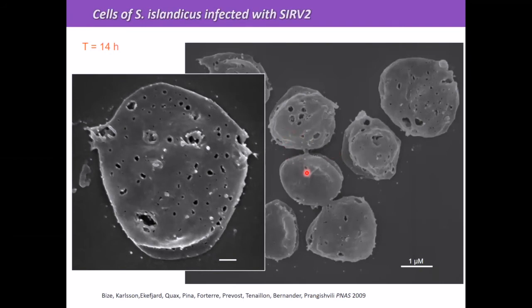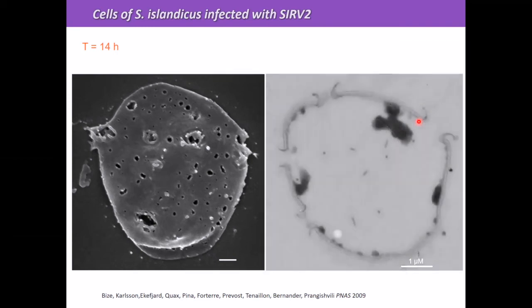Here in scanning electron micrographs, you can see cells with many holes. And eventually what you are left with is an empty shell where the virions are gone, the cellular contents are gone, so just a dead shell of the cell.